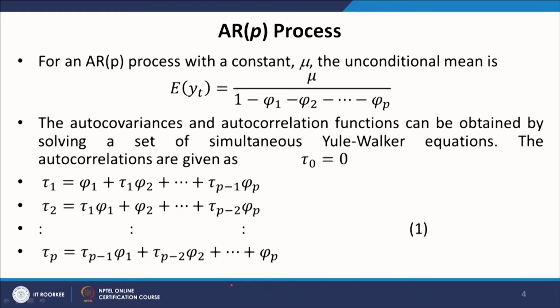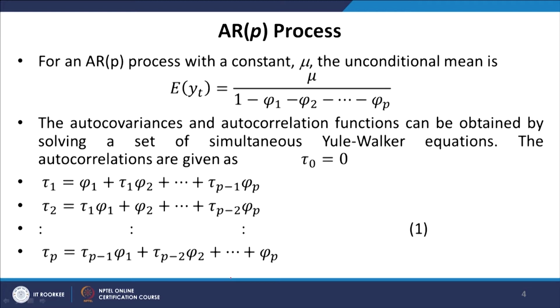So, we have discussed already the AR(1) process. Now, going for a generalization, for an AR(p) process with a constant mu, the conditional mean would be the expected value of yt given the past, equal to mu upon 1 minus phi 1 minus phi 2 and so on up to minus phi p.